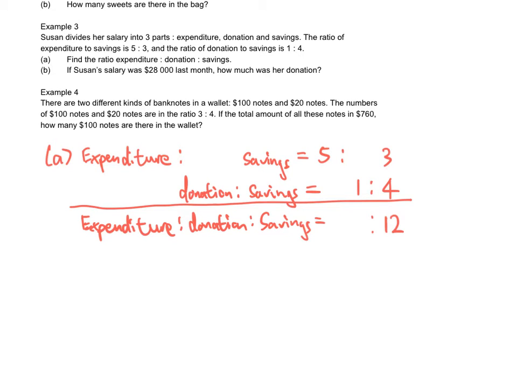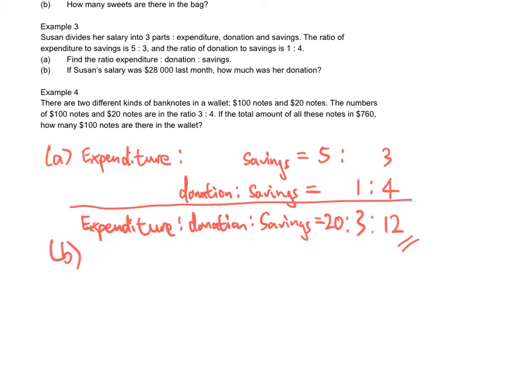We will get the final number in the 3-term ratio. It's 20. This one, the second row, 4 times 3 becomes 12. And then 1 also times 3. And that's it.